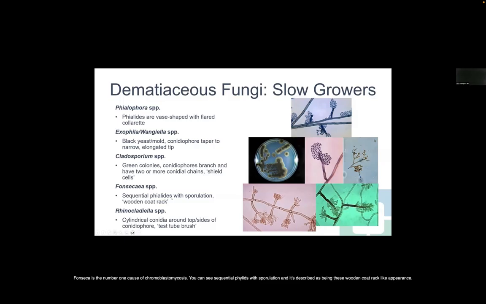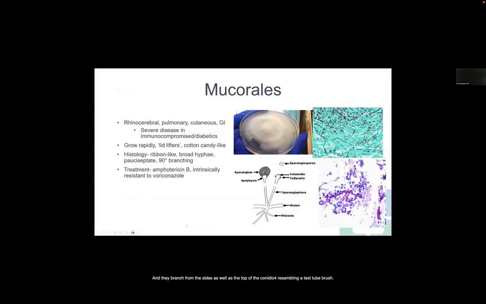You can see sequential phialides with sporulation, and it's described as having a wooden coat rack-like appearance. And then finally, Rhinocladiella. You have cylindrical conidia, which are shown here, and they branch from the sides as well as the top of the conidiophore, resembling a test tube brush.